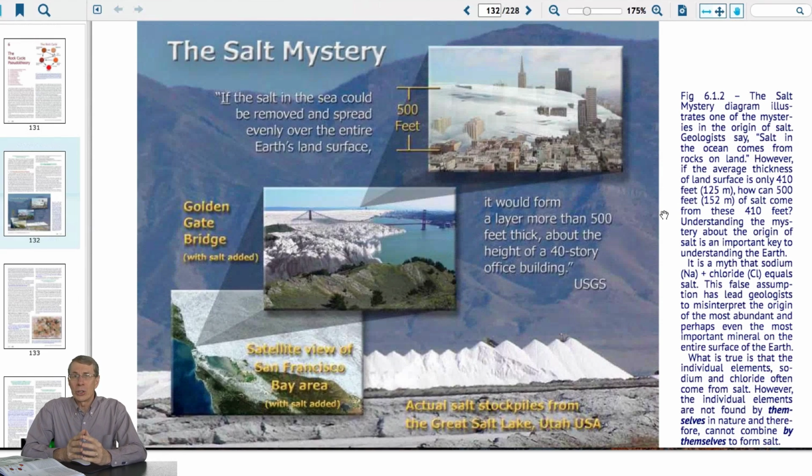Other geological researchers calculated, if we take all the land on all the continents and flatten it down, how thick is that land? Well, there are a lot of low-lying areas, and so the mountains all flatten down to about 410 feet. So now we have a tremendously important question. How does 500 feet of salt that came out of the oceans come from 410 feet of this land?